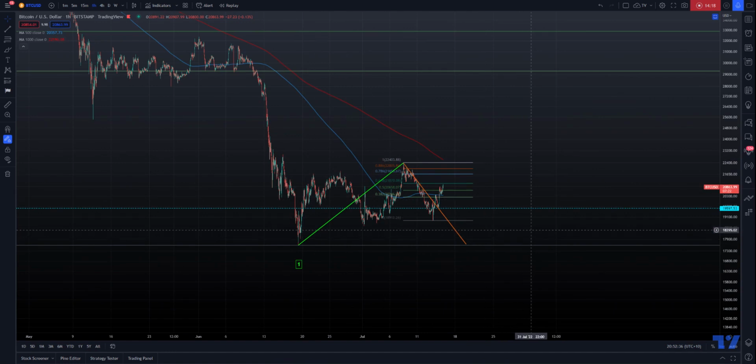It looks completely corrective. And once we go back to the lows, it's going to be pretty obvious to me that this is not going to go higher in terms of impulsiveness or any kind of bottom, right? So for me, it's going to be purely corrective. Any bounce will be corrective and will only prepare us for the moves ahead.